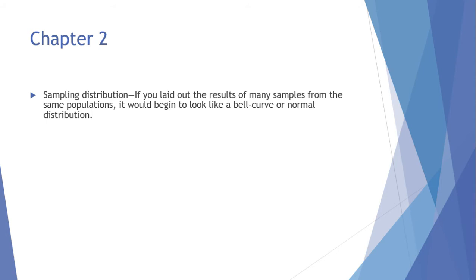We left off last time talking about variation in samples, or sampling variation, and how, remember, we used the ISU example.